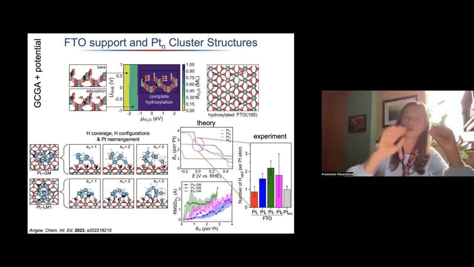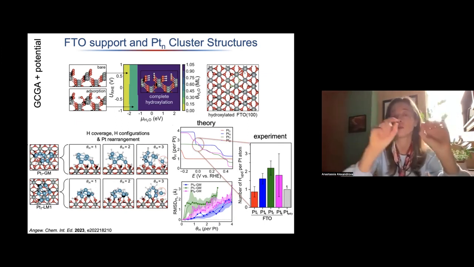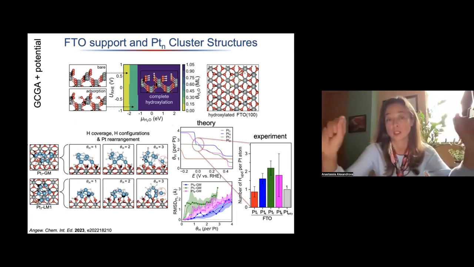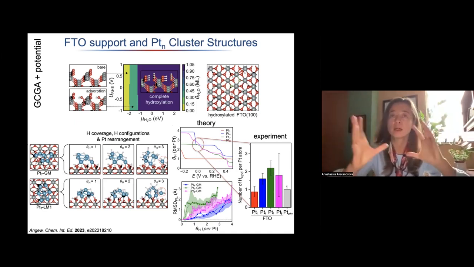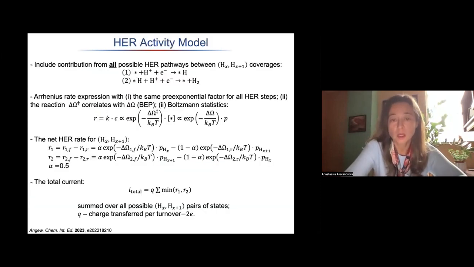In other words, we can go from, say, 15 hydrogens on the cluster to 16, or from 16 to 17, but we would not go from 15 to 20 in one step. So in this way, we have a mildly connected network of these isomers that together create a model that aims to reproduce experimental observation in terms of activity. So we have this effective current in the end that we simulate from this network.